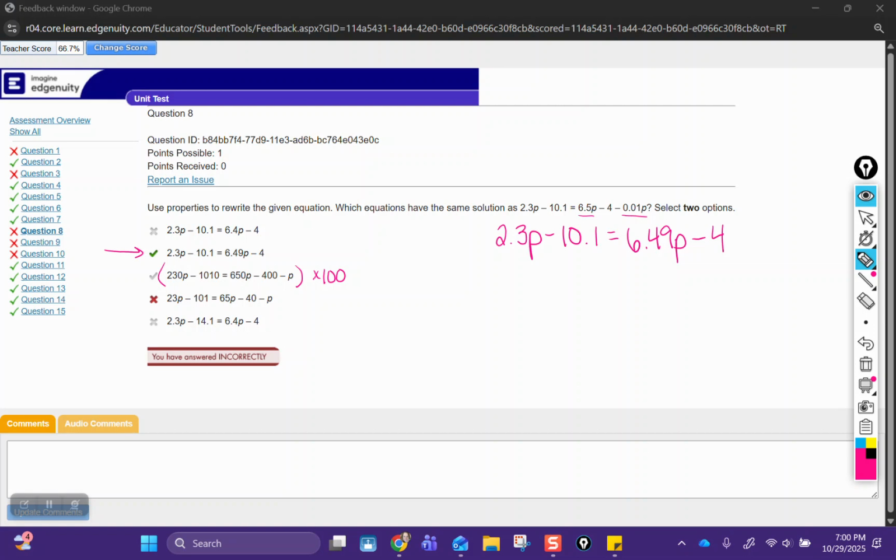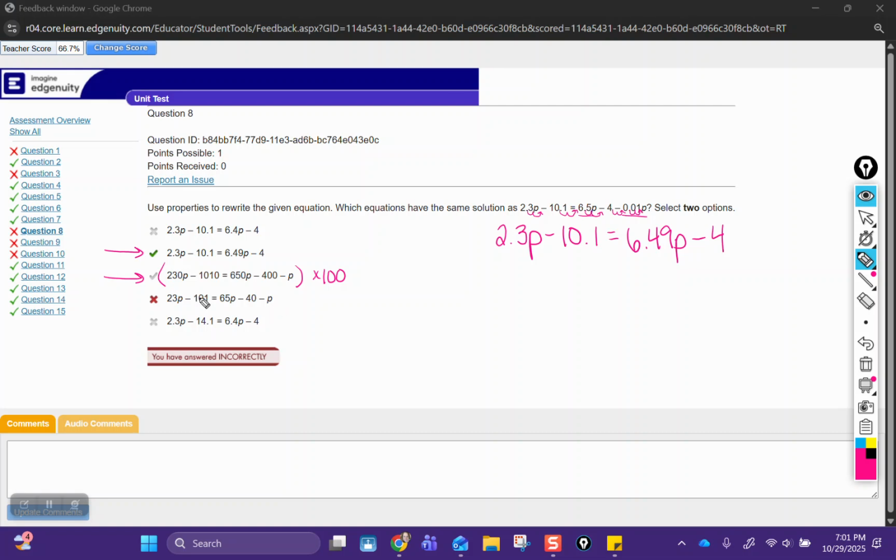Remember that multiplying by 100 is the same as moving the decimal 2 times. So if I go back over here on the right to this equation, I move my decimal twice, move it twice. You can see how we're getting these numbers. Move this one twice, and it puts the decimal right behind the 1. So you just get basically 1p, 1.0p, or just p. So that third option is also correct.